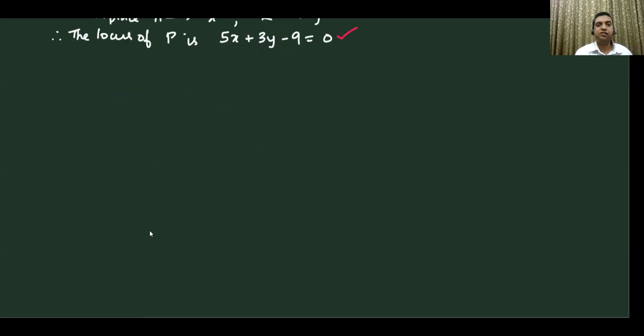Next, question 2. Let A be the point (a, 0) and B be the point (minus a, 0).